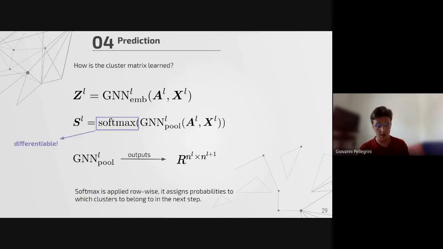And the softmax is differentiable. That's why we're talking about differentiable pooling. Since the softmax is differentiable, we can easily learn the cluster assignment matrices at the different hierarchical levels, because we can backpropagate the error of the loss function.